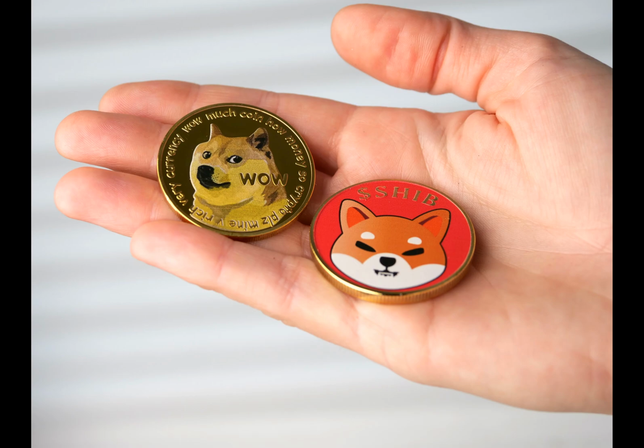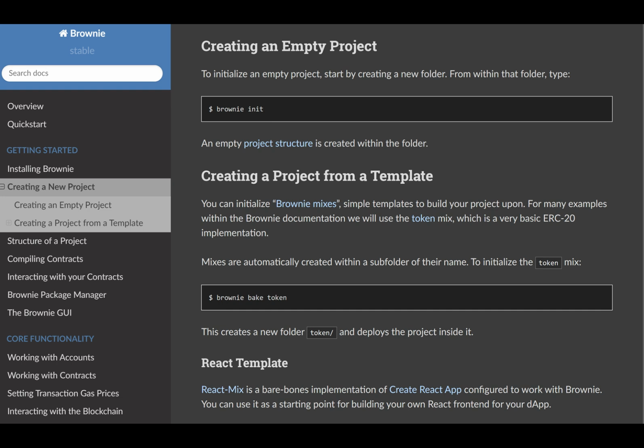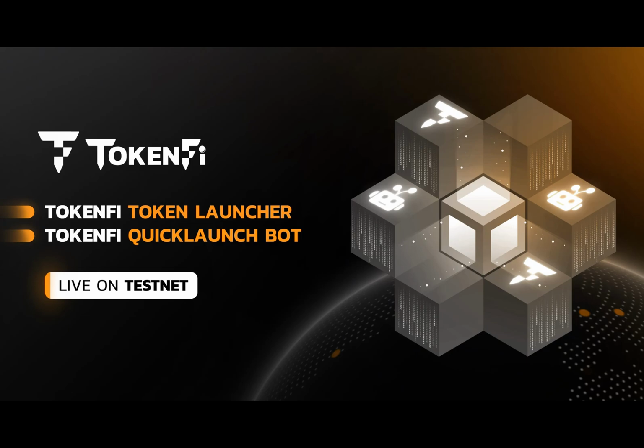To create a token, start by defining its purpose and utility. Choose a blockchain platform that suits your needs. Develop the token smart contract, test it thoroughly, and then deploy it on the chosen blockchain. Finally, focus on distribution strategies and marketing to build awareness.